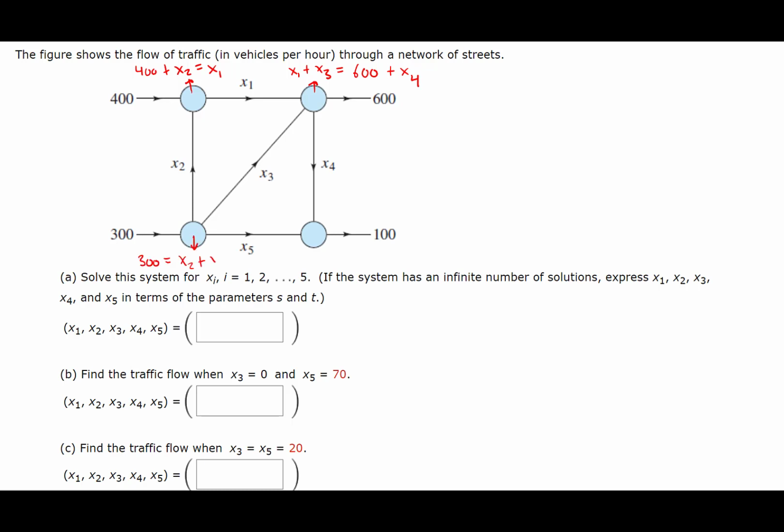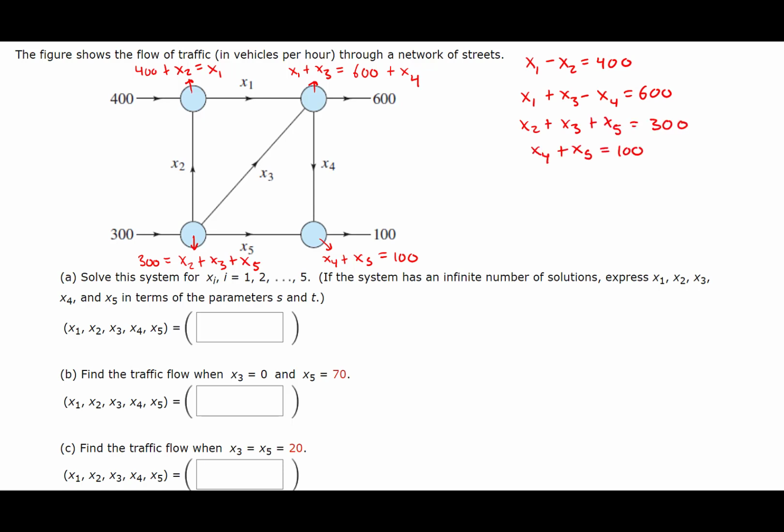The bottom left intersection, 300 is the only traffic going in, and so the rest are going out. That is x2, 3, and x5. And the bottom right intersection, x4 and x5 are both traffic going into the intersection, and 100 is going out. So the in needs to equal the out. So now we have 4 different equations for those 4 intersections, and we have 5 unknowns.